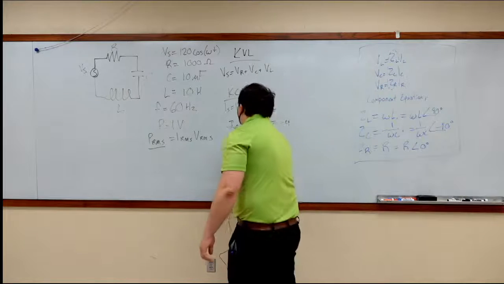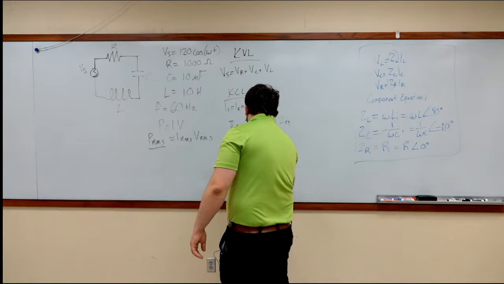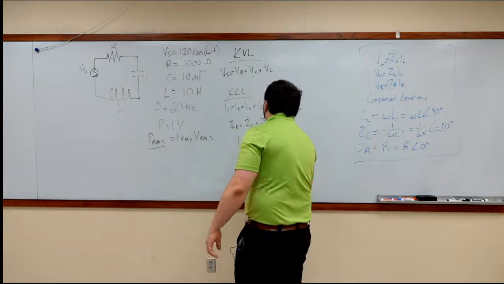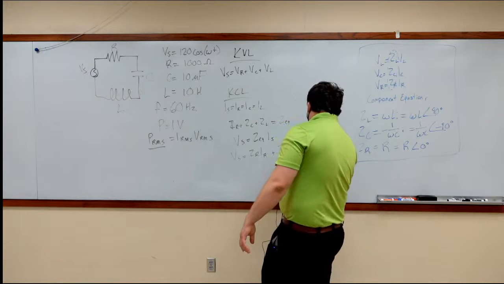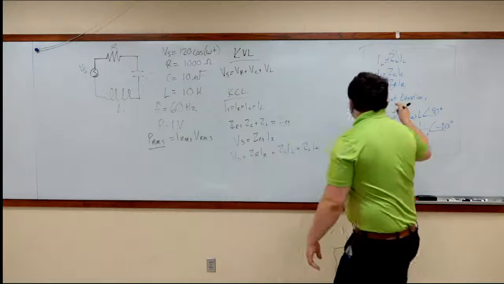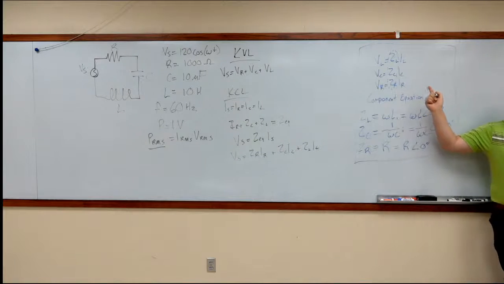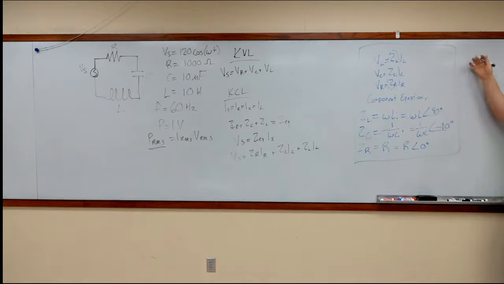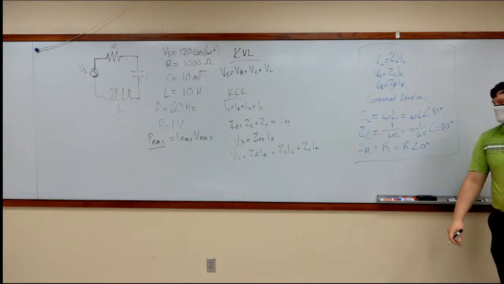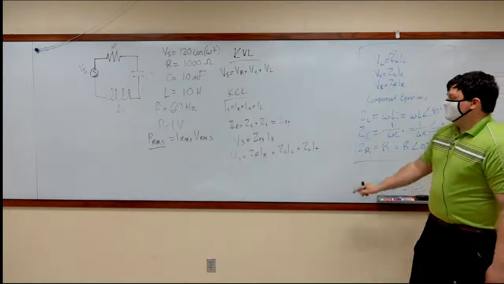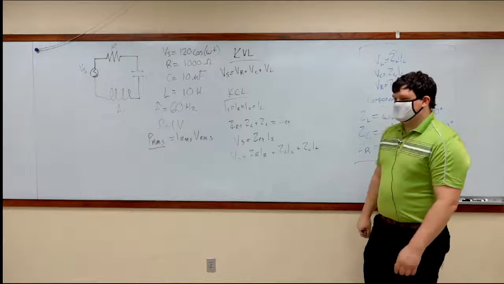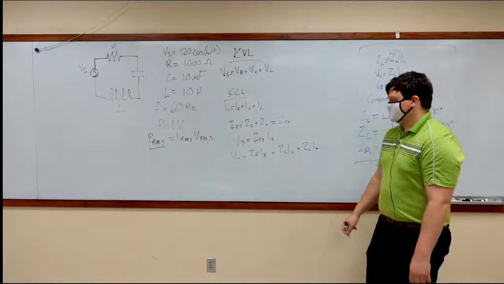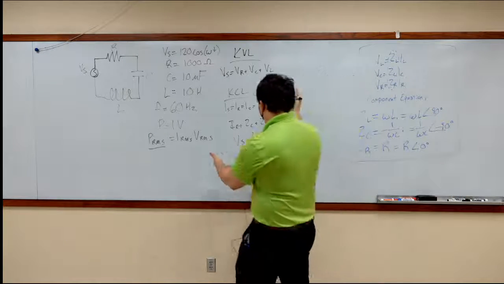Here, Vs is equal to ZR IR plus ZC IC plus ZL IL, right? Because that's our new component equations, which are kept on the board for this exact reason. We know from KCL that IR equals IC equals IL, which means all of them equal IS.